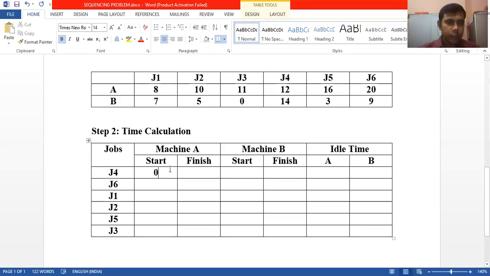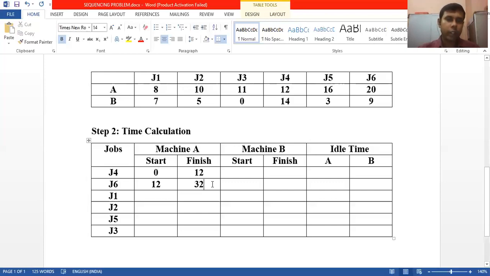Now see, this is the start point for J4, and J4 is spending 12 hours on machine A. So 0 plus 12, it will finish at 12 hours, right? Now once machine A finishes job 4, then only it can start job 6. Therefore, it will start at 12. Now go to J6, and in machine A it is spending 20 hours. So 12 plus 20 is 32 hours.